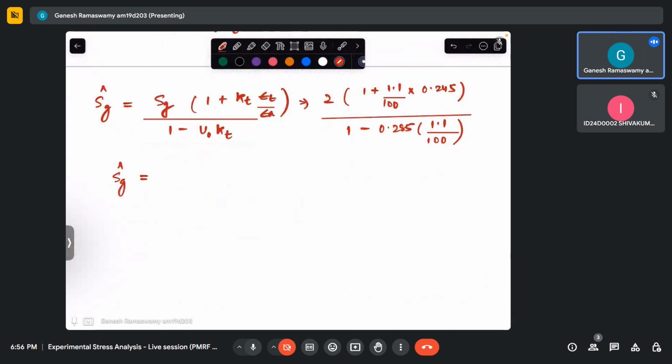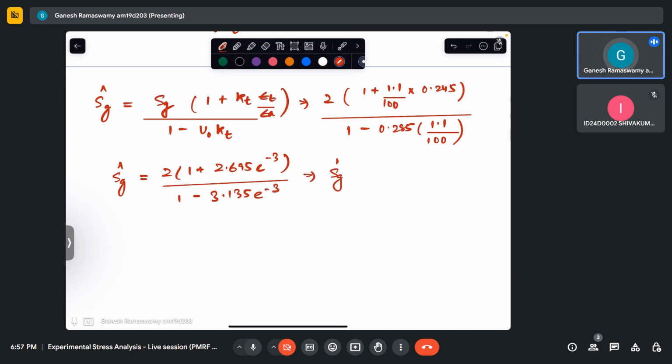So Sg cap comes out to be 1.1 by 100 into 0.245. So we have 2 into 1 plus 2.695 into 10 power minus 3, divided by 1 minus 0.285 into 1.1 by 100, which gives me 3.135 e minus 3.